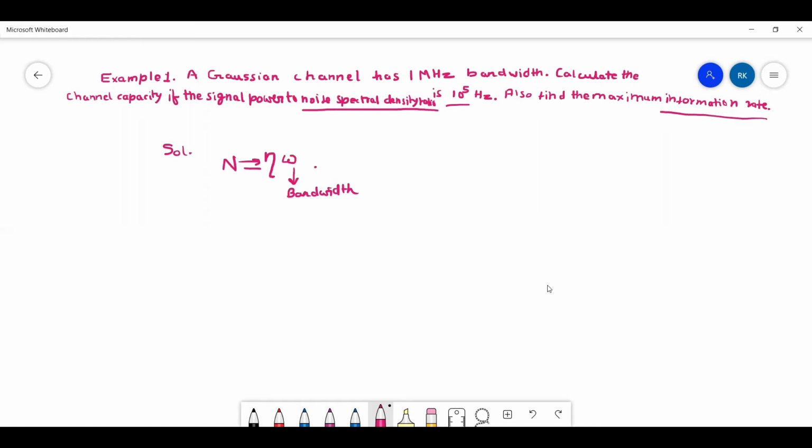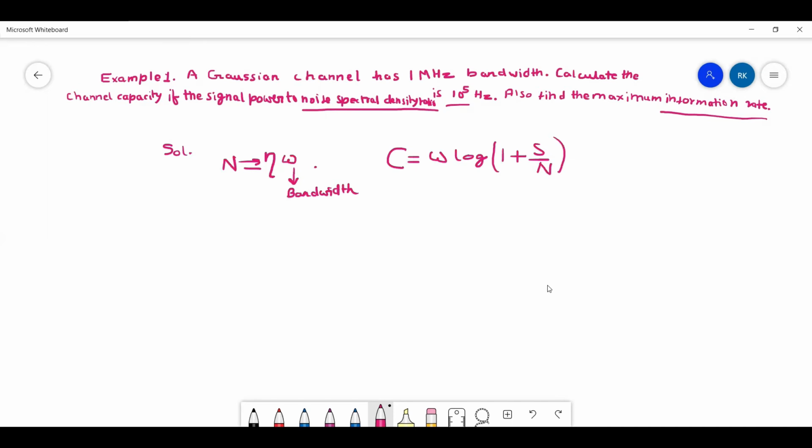Now we are in a position to apply the formula for channel capacity as we have studied it in the last lecture. So the channel capacity C is given by bandwidth into log of 1 plus S upon N, which is the noise power.